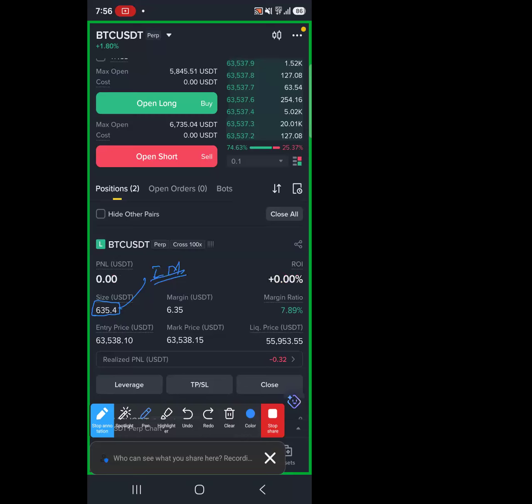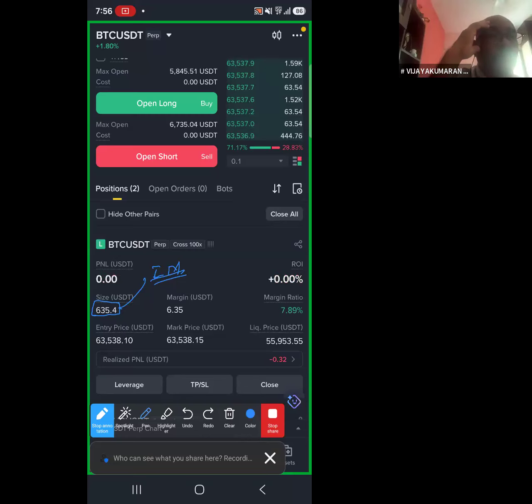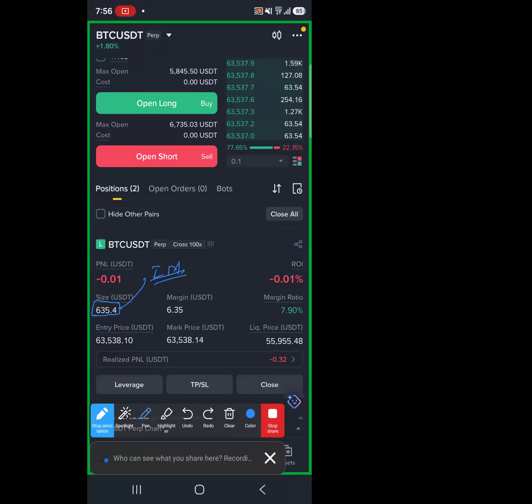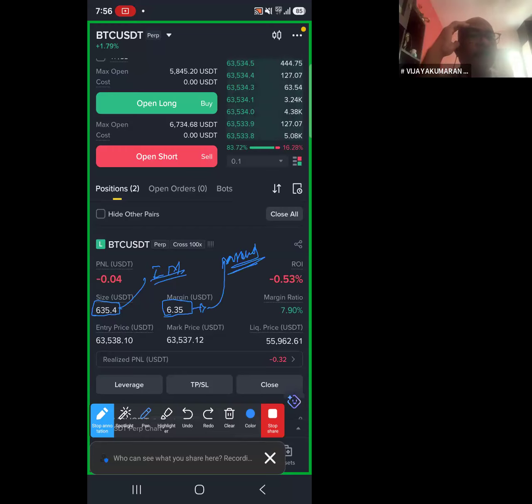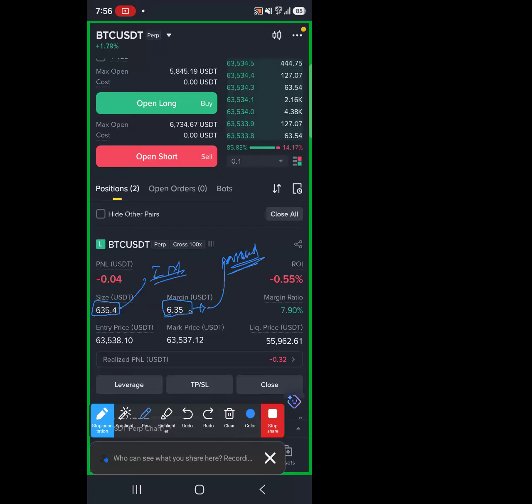Then this is what has been used, in terms of real USDT, what has been deducted from my margin. So if you multiply this amount times 100x, it will give you 635, which is somewhere here.